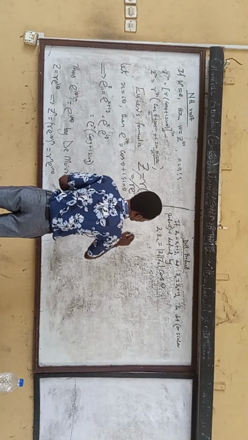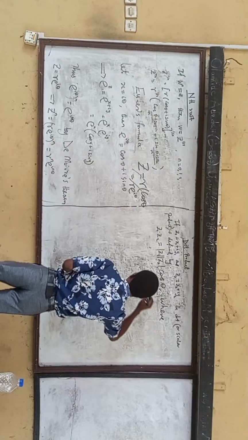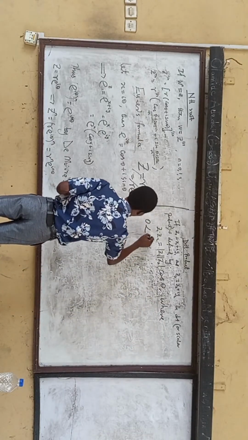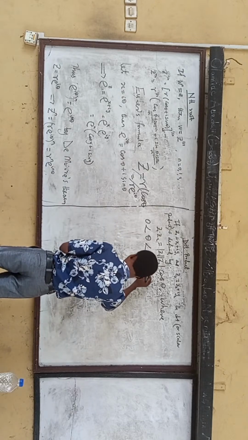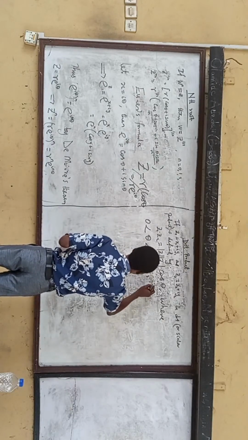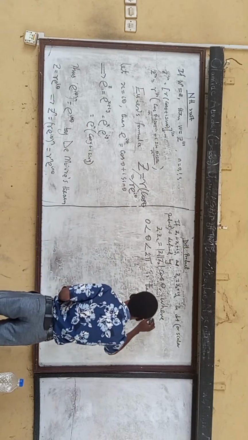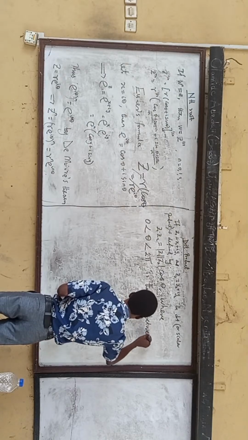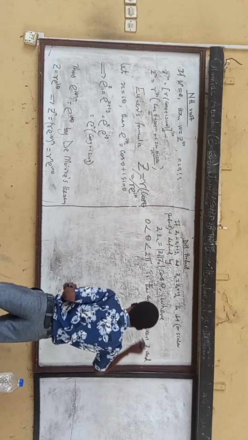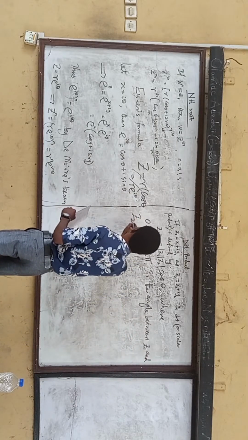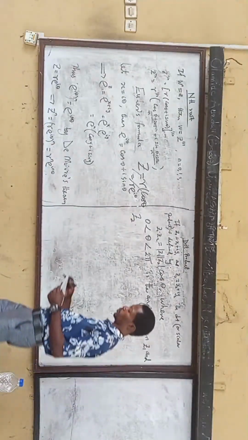Here theta lies between 0 and 2 pi, and it is the angle between z1 and z2.